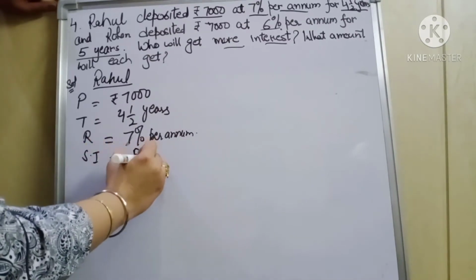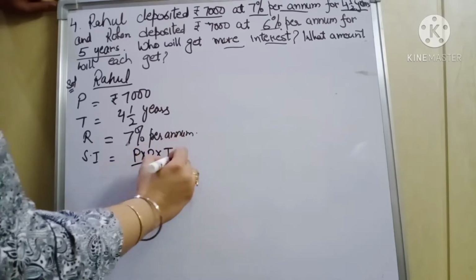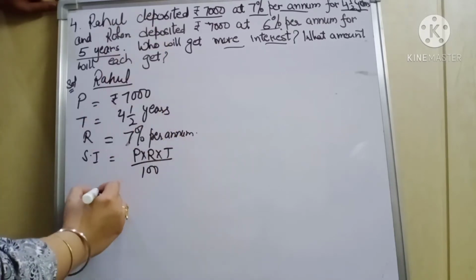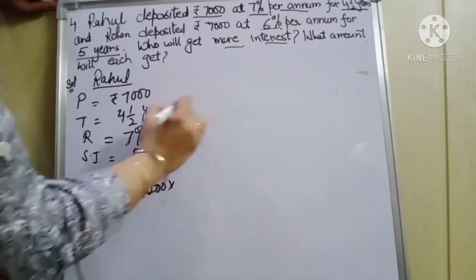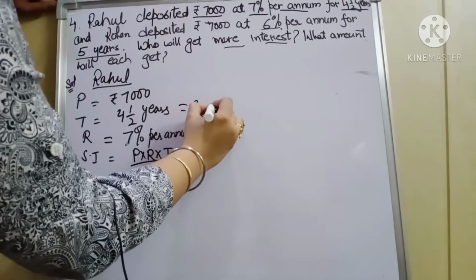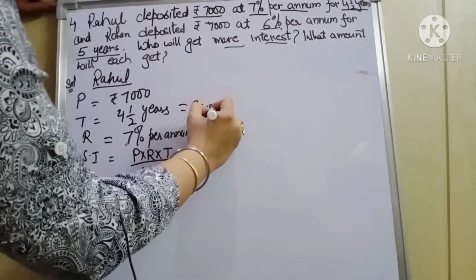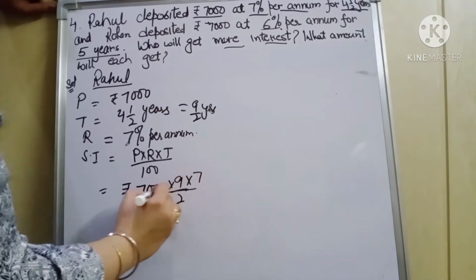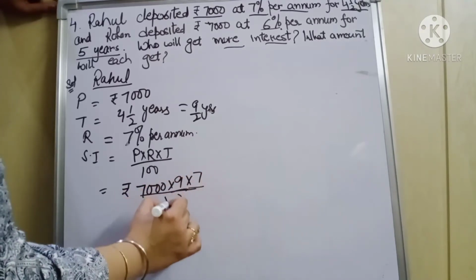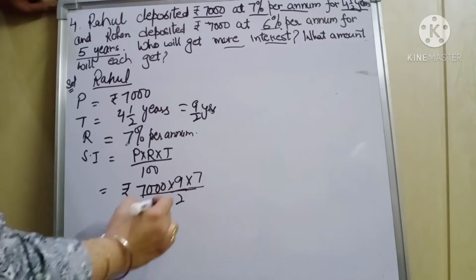Simple interest is P into R into T by 100. Principal rupees 7,000 multiply 4.5, which means 9 by 2 years, into 7 upon 100.